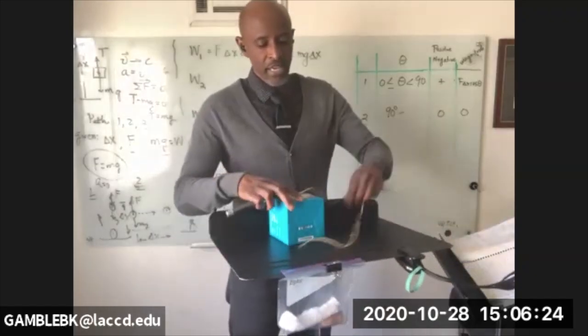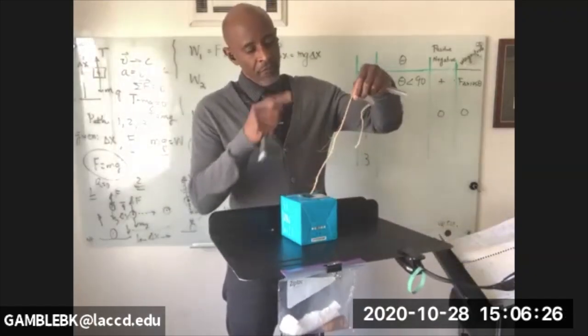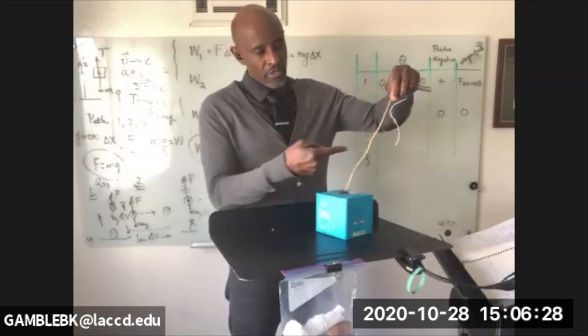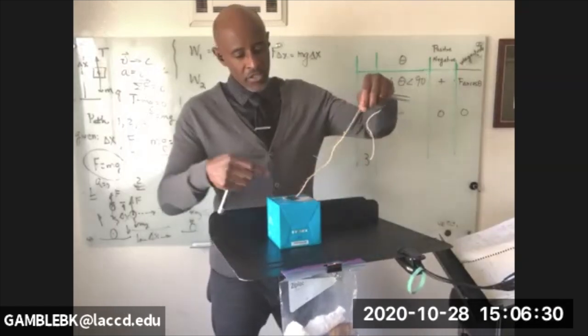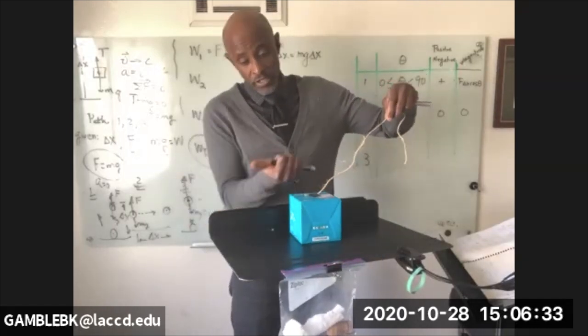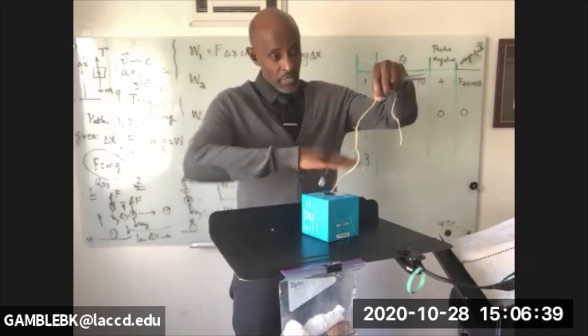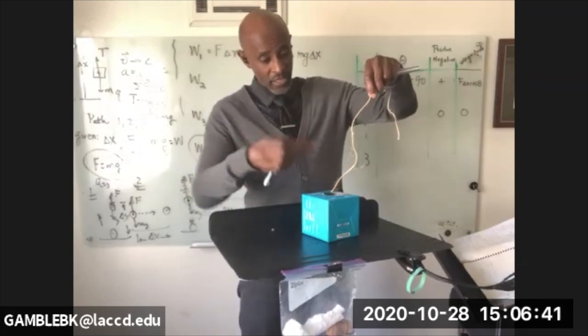Not exactly, but okay, let me show you again. I said it real fast, but it doesn't matter what this is doing because the direction of motion is always to the right. If the direction of motion is always to the right, frictional force is always directly to the left. So the angle is 180 between friction and the direction of motion, no matter what this is doing.